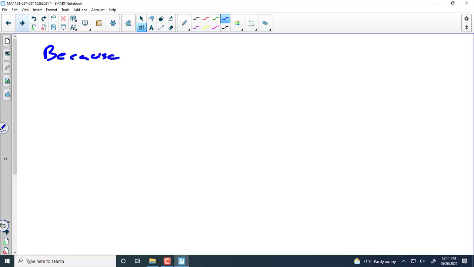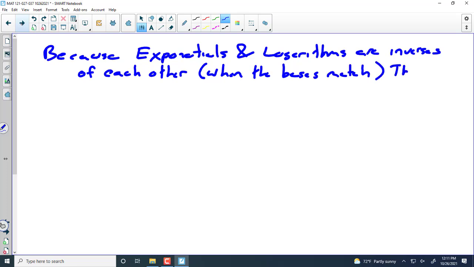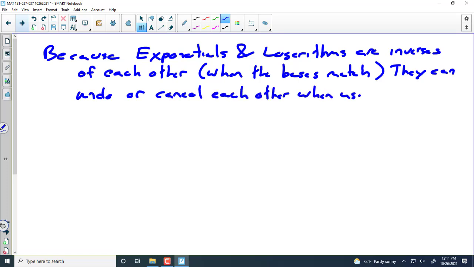Because exponentials and logarithms are inverses of each other when the bases match, they can undo or cancel each other when used in the same expression.